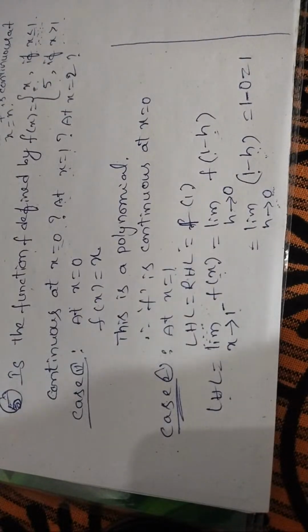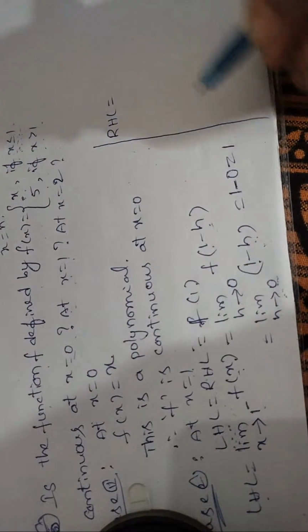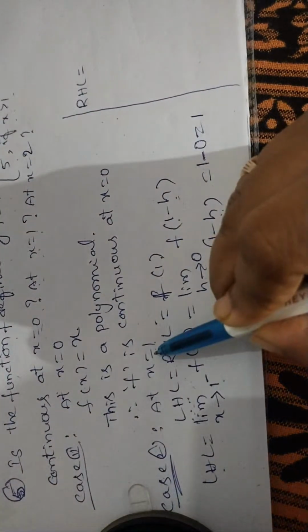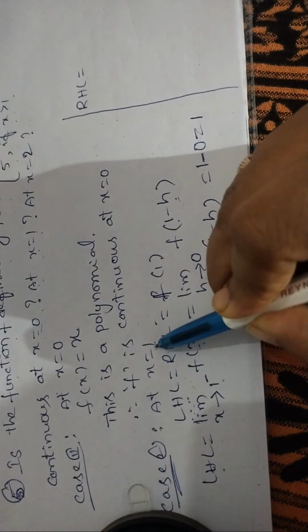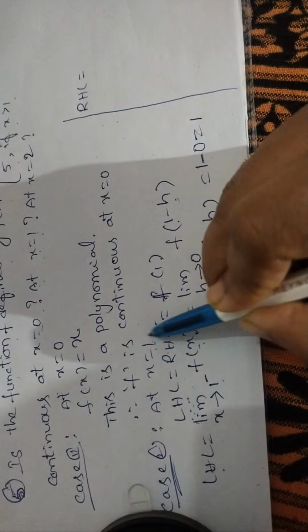Now the RHL value. What is RHL? Right hand side of 1. They said at x equals to 1, the left hand side of 1 is 1 minus, and the right hand side of 1 is 1 plus.